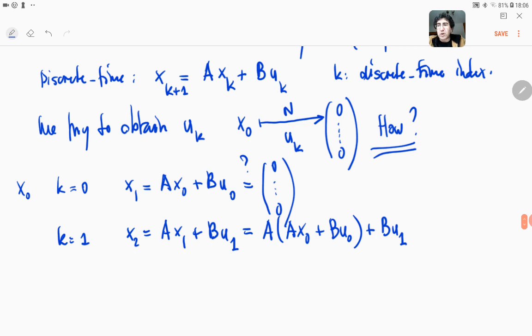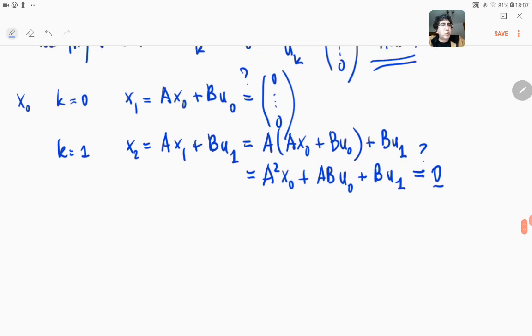Okay, so what does that mean? That means I have A squared times x0 plus A times B times u0 plus B times u1. Now the question is whether you can make this equal to the zero vector.